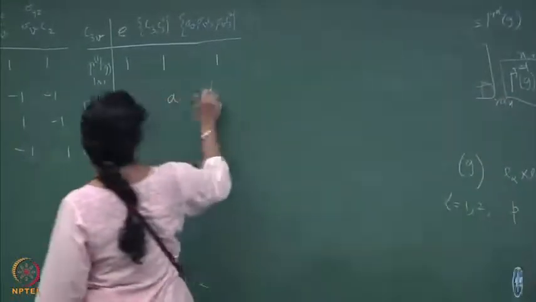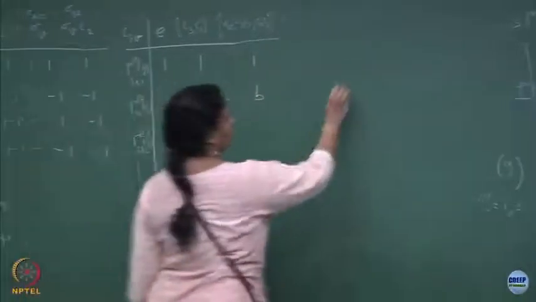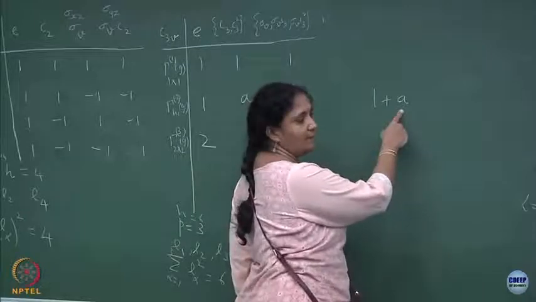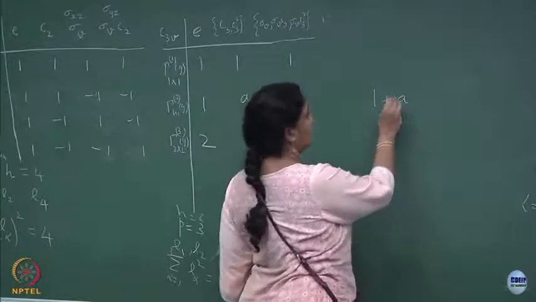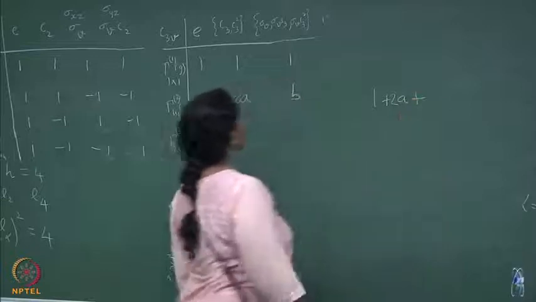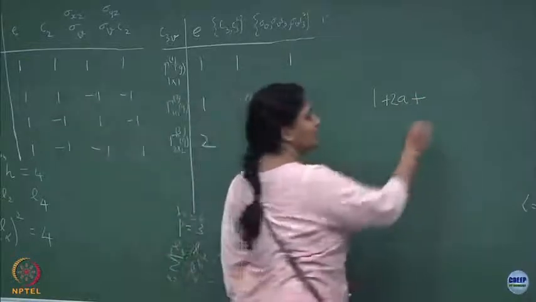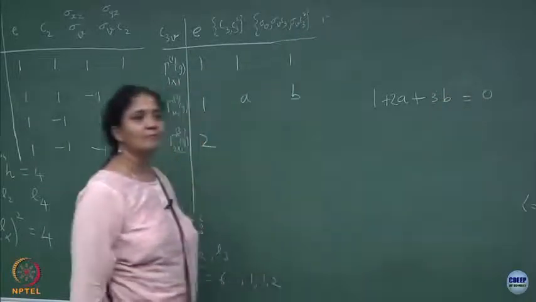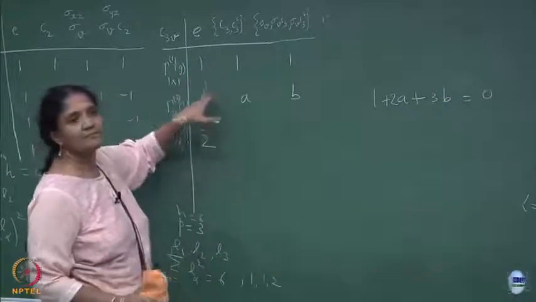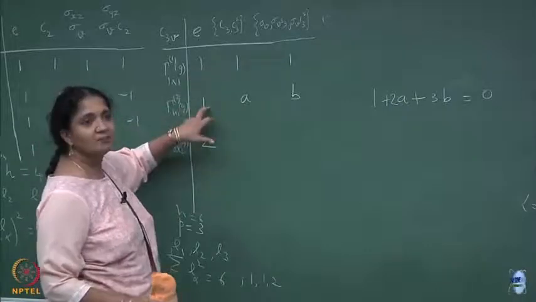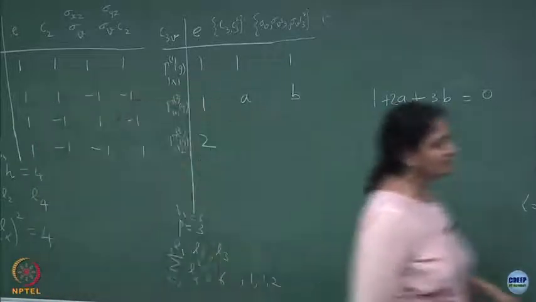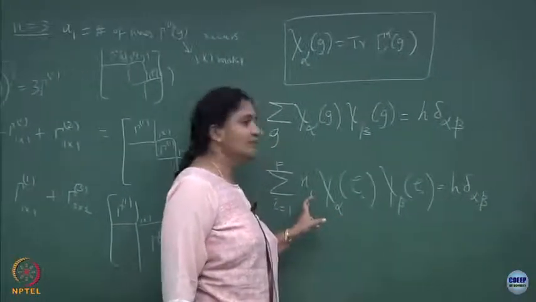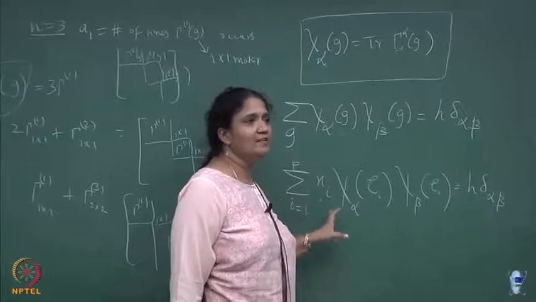This should be A and B. It is not just A, you have to multiply by a 2 and then 3 times B has to be 0. I am just multiplying this with this. Alpha is this one and beta is this one. I am using this relation. So, n1 is 1, n2 is 2, n3 is 3.